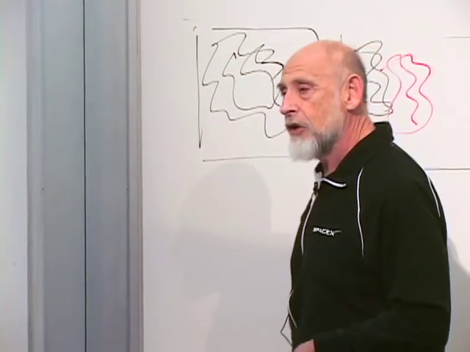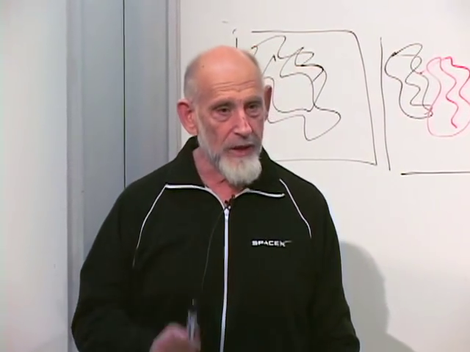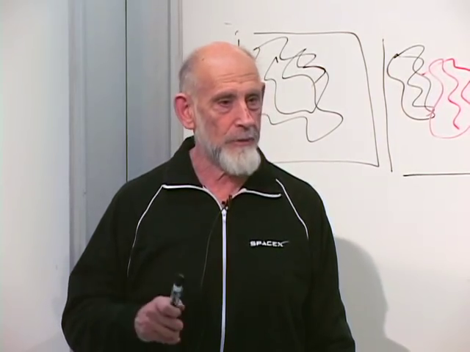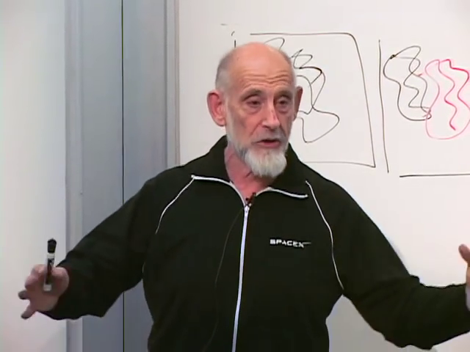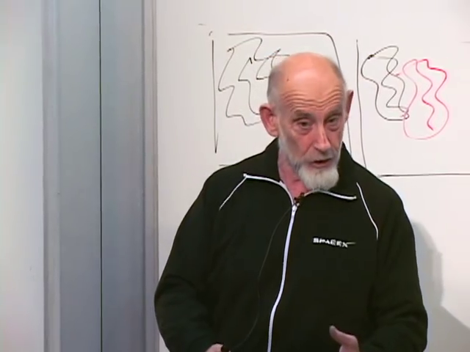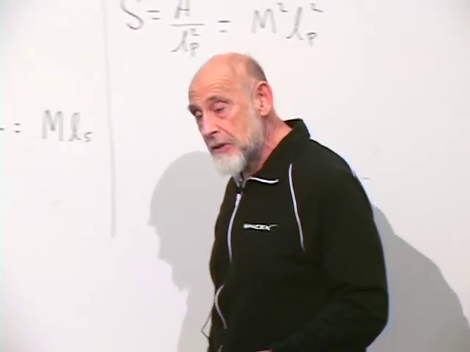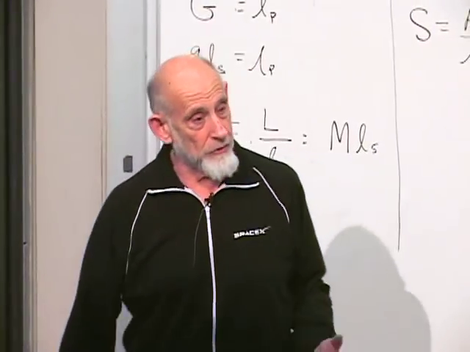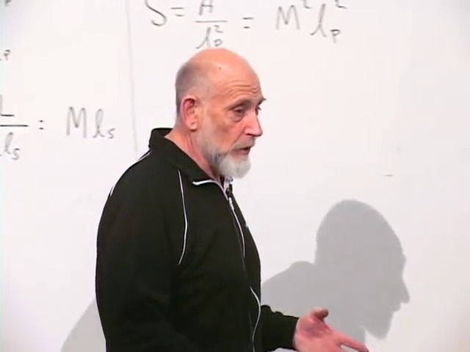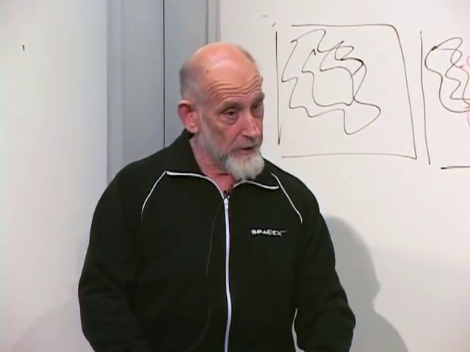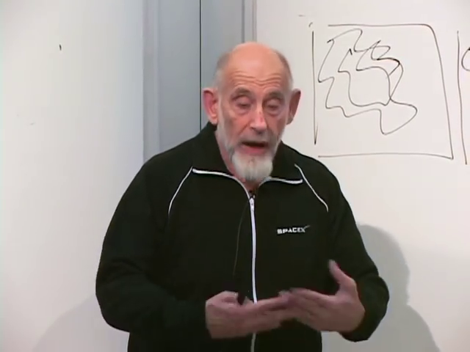In fact, they change the relationship between entropy and energy, because they change the energy of the star. The energy of the star is less than it would be without gravity, because the forces pulling it together are attractive, and pulling it together lowers the energy. So you have to account for that.